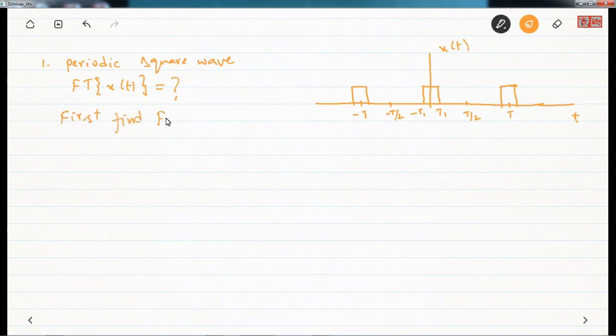First find the Fourier series coefficients of x of t.